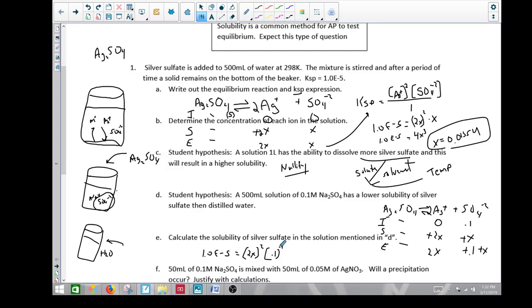All right, I go 1.0 e to the negative 5th divided by 0.1, and then divided by 4, and square root. The previous answer is 0.005.